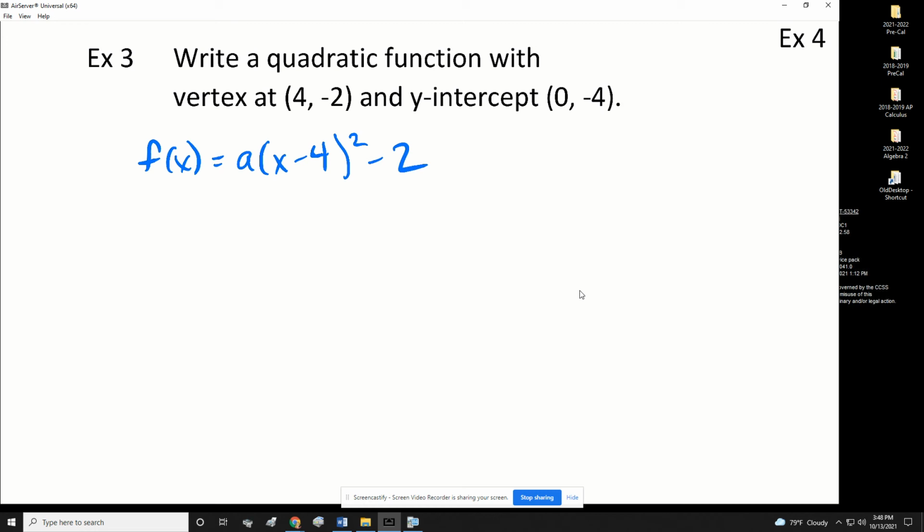So we can think of it as a y-intercept, or we can think of it as it passes through that point. So that is going to be an x and a y. So what I would do now is take that negative 4 and put it in for y.